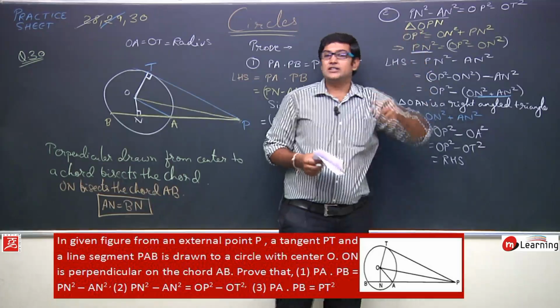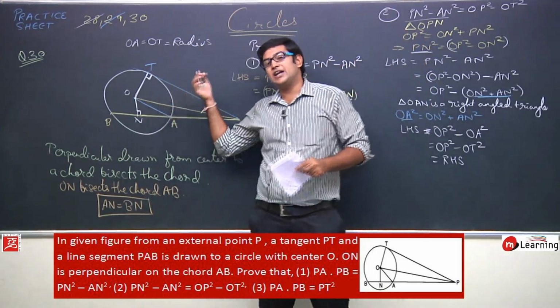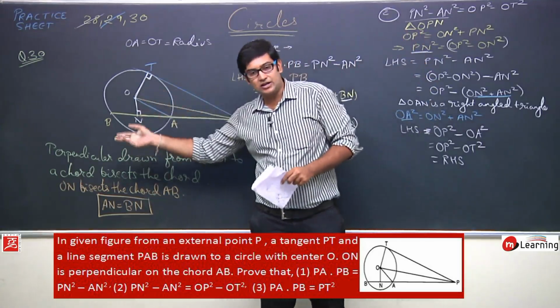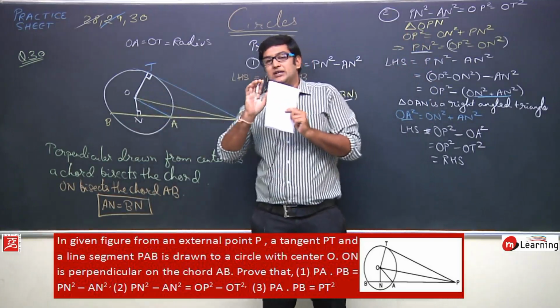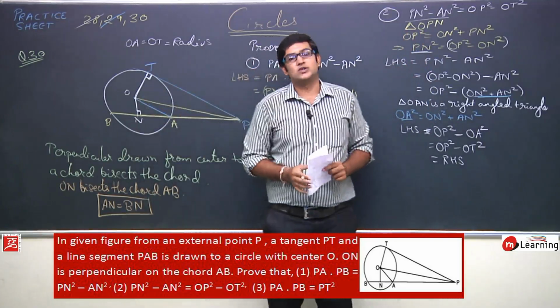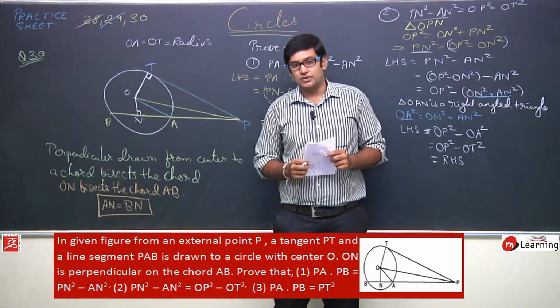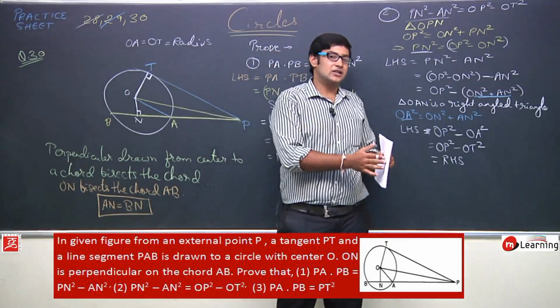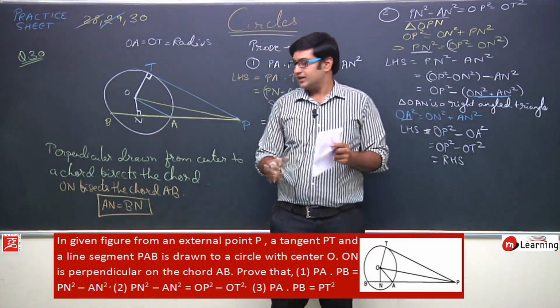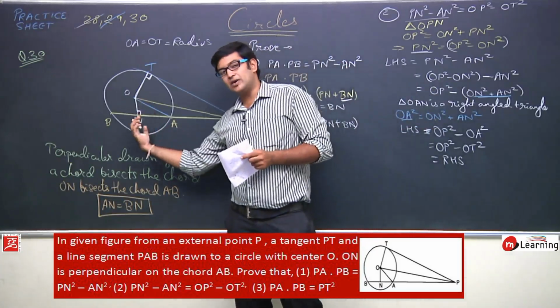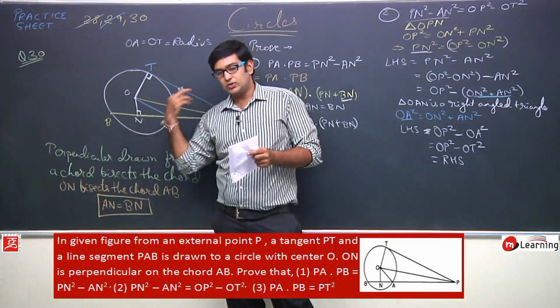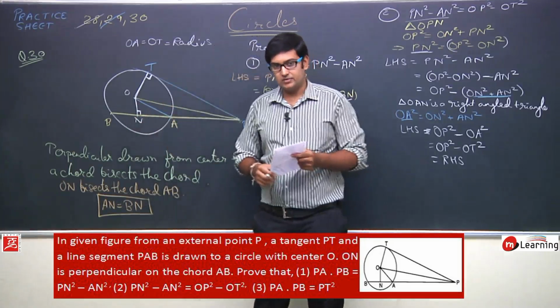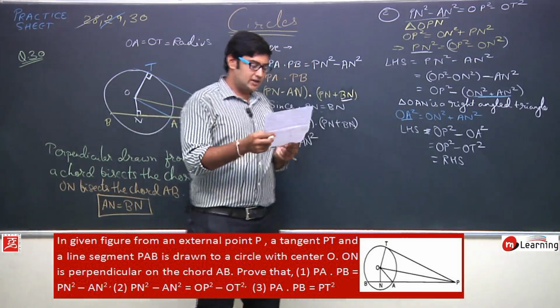So try to think that since there is a triangle and there are tangents and there are perpendiculars, so there might be application of hypotenuse theorem, Pythagoras theorem. So by application of Pythagoras theorem and concepts of circles, we have determined this condition. Okay, the concept of circle is that this ON is perpendicular to AB, so AN is equal to BN. Okay, so this is the second proof.